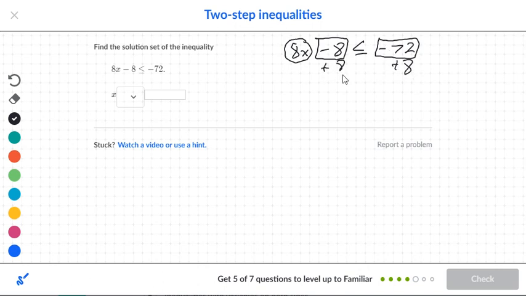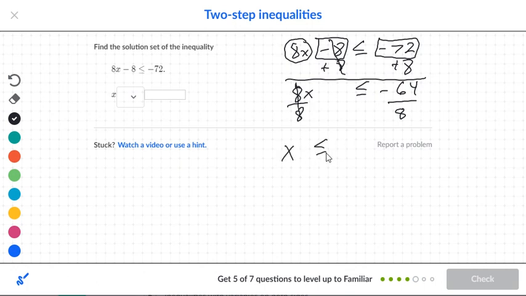Add 8 to both sides. Cross out. This is 8x. This is the inequality sign. This is a -64. Now we only care about the letters, so don't think, oh, the number's negative, I got to switch a sign. No, it's only the letter. If the letter was negative, we would change our sign the other way. But the letter's positive, so everything is good.